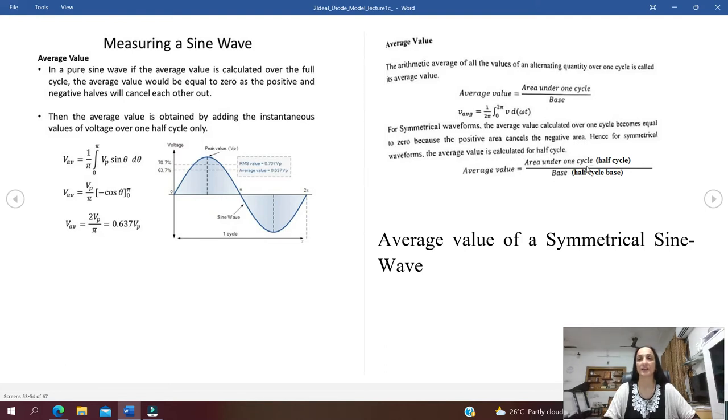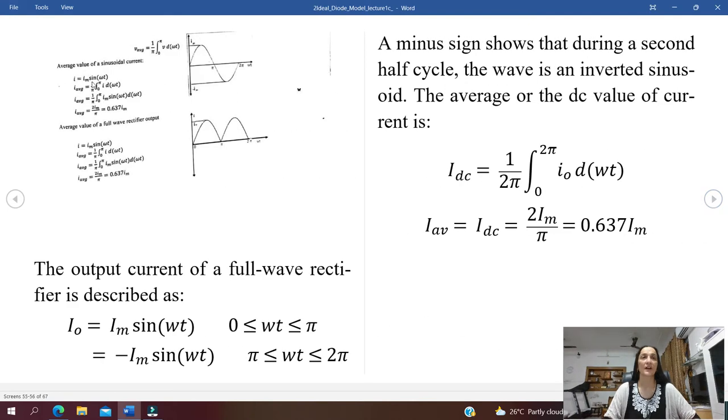Area under half cycle divided by base of half cycle, so that average value of a symmetrical sine wave, average value of a sinusoidal current is equal to twice Im by pi. Im is the peak value of this sinusoidal current.